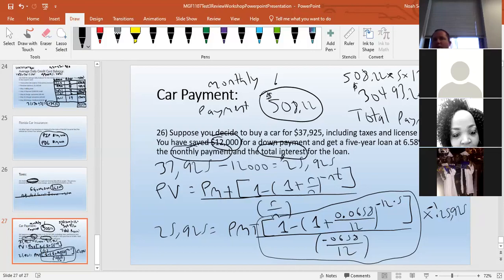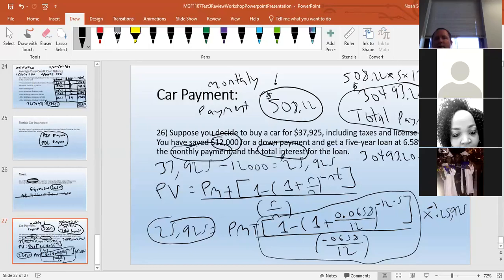And the total payments doesn't tell you the amount of interest. It tells you how much was paid by the person who borrowed the money. But they actually owed, when they took out the loan, $25,925. So the difference between those two numbers is the amount of interest that was owed on the loan.